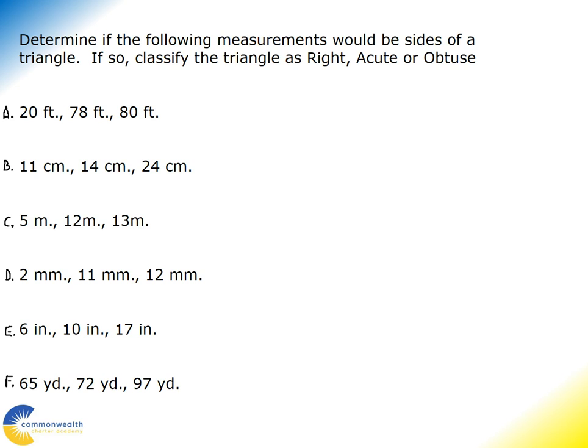Now, as far as right, acute, or obtuse, since we don't have any angle measurements, we're going to be using the Pythagorean theorem and some of the theorems that come from it. If these three sides obey the Pythagorean theorem, then I could say that it's a right triangle. If I add the squares of the two smaller sides together and get a value that is bigger than the third side squared, that's a sign that it is an acute triangle.